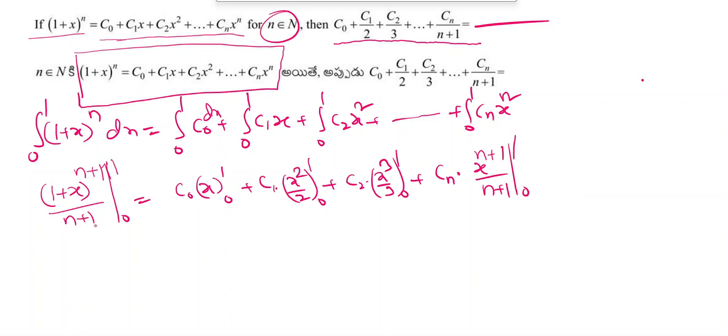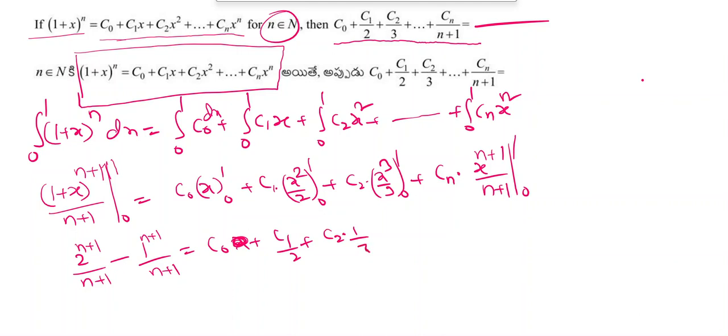Substituting 1, that is 1 plus 1, this is 2 to the power of n plus 1 by n plus 1, minus substituting 0, that is 1 power n plus 1 by n plus 1. That is equal to c0 plus c1 into 1 by 2 minus 0, this is c1 by 2, then c2 into substituting 1, that is 1 by 3, 0 is 0, plus up to cn into substituting 1, that is 1 by n plus 1.